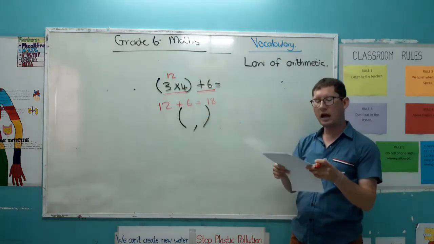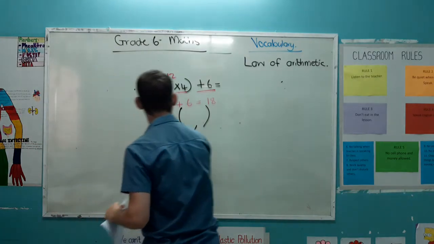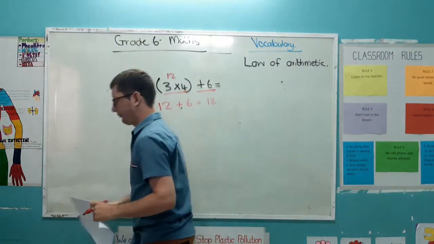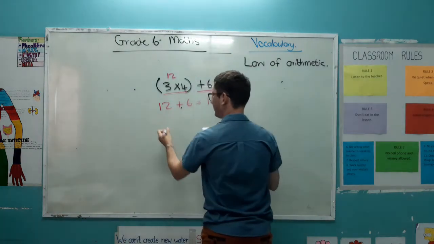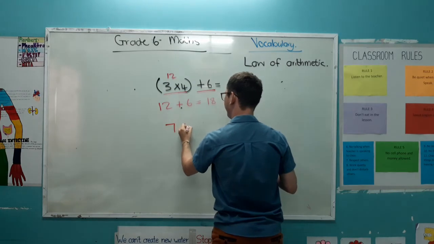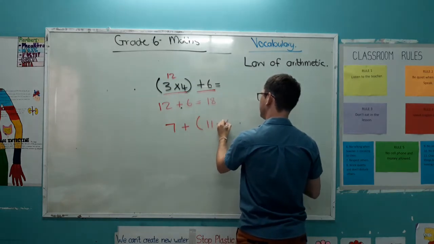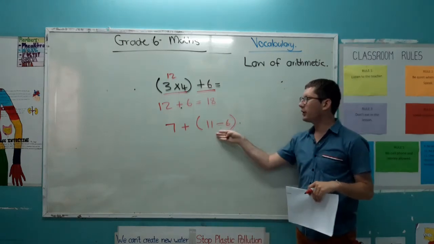But in the worksheet, I have given you lines. For example, let's do another example. Here we have 7 plus (11 minus 6). So what do we do? What do you see here?